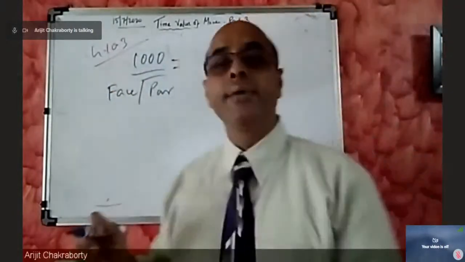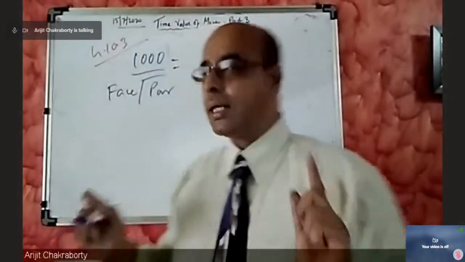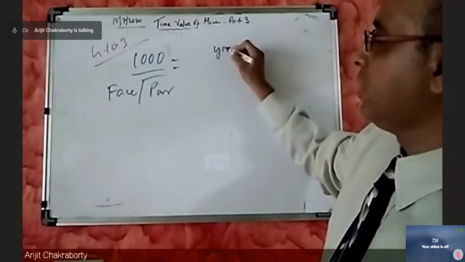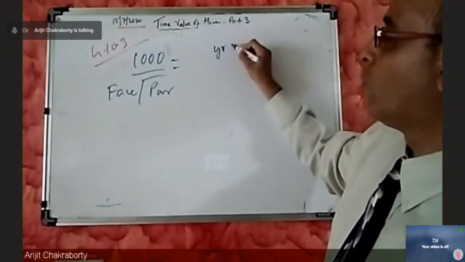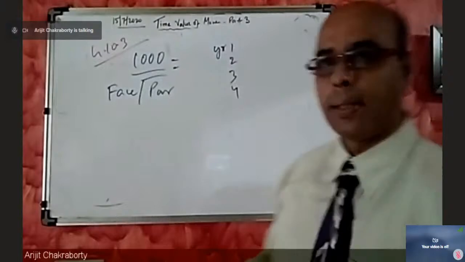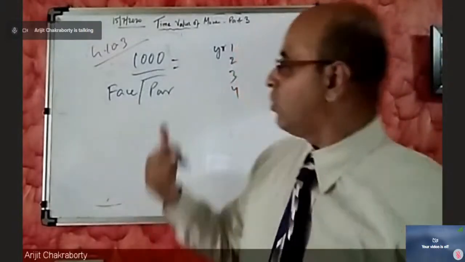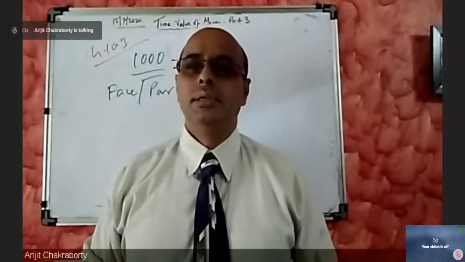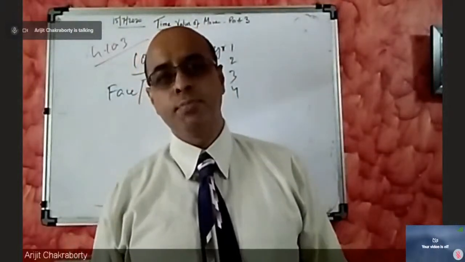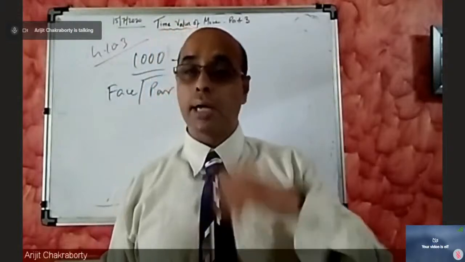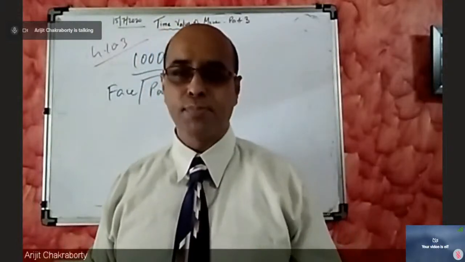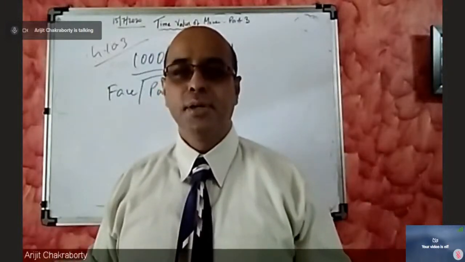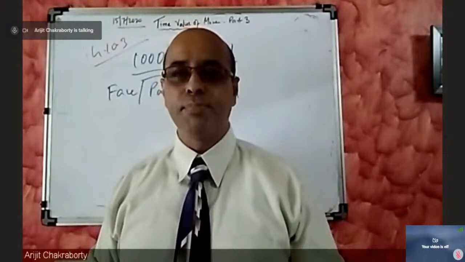And you are getting interest. Say the bond has a life of 4 years: year 1, 2, 3, 4. Say the bond gives you interest of 7%. Let's take the higher side. These days it's not possible, the repo rate has come down, but let's be optimistic and think of a rosy picture.